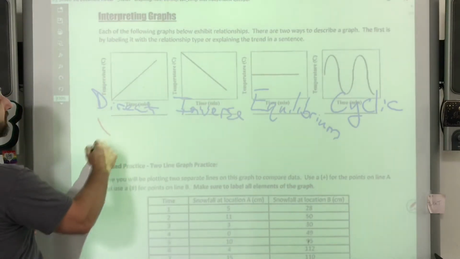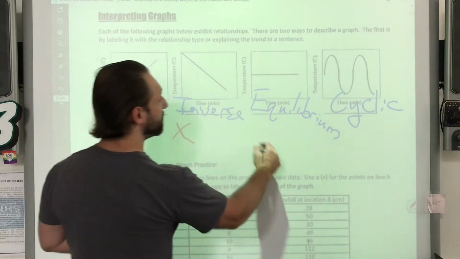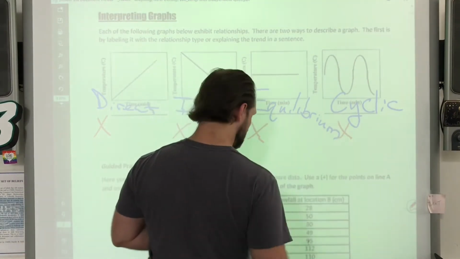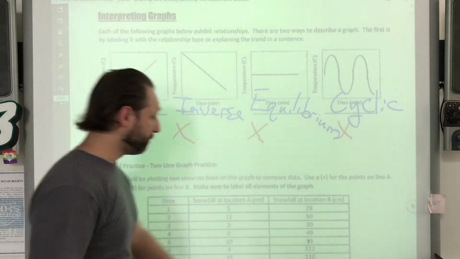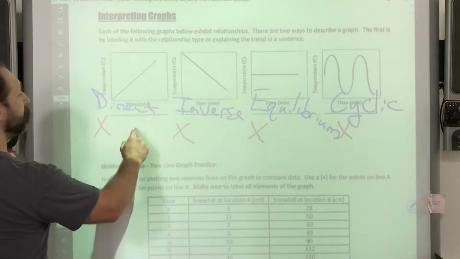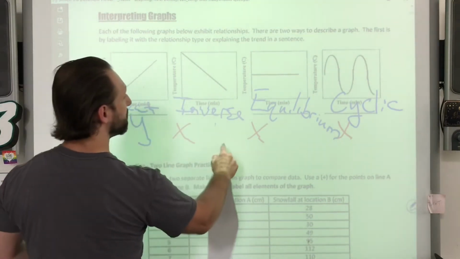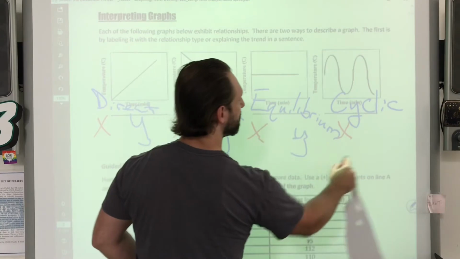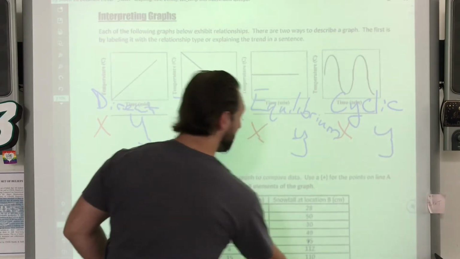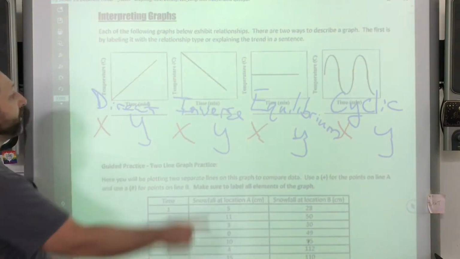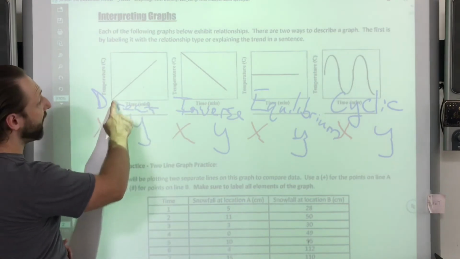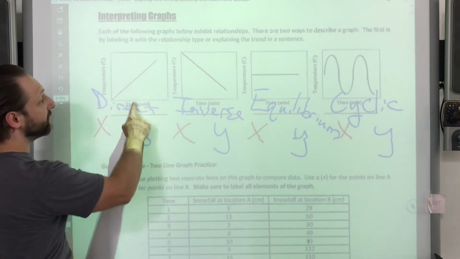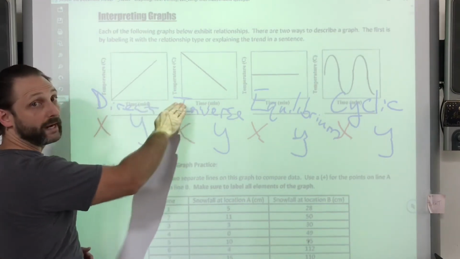So let's place an x in each of these places. Let's also put a y in each of these places. Okay. Apologies for the board. So if we're looking at direct relationship, x being time is increasing to the right of this graph.